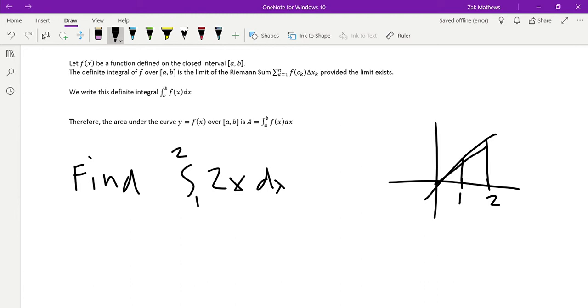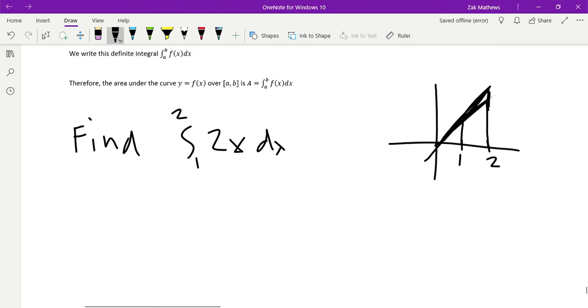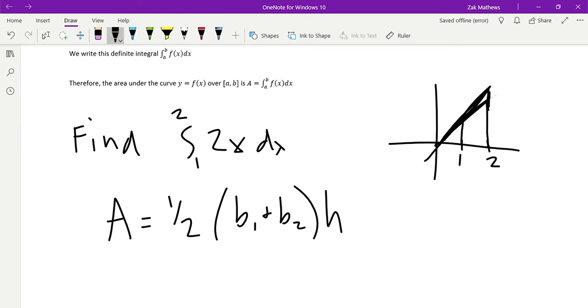Now, because this is a straight line, and it is not a curve, we can just go ahead and find the area under it as we would a rectangle, or maybe even smarter, a trapezoid. This shape is a trapezoid. So remember how to find the area of a trapezoid. It is 1/2 base 1 plus base 2 times the height.